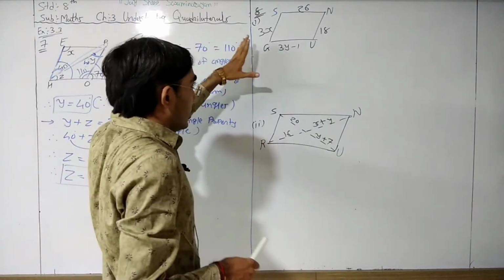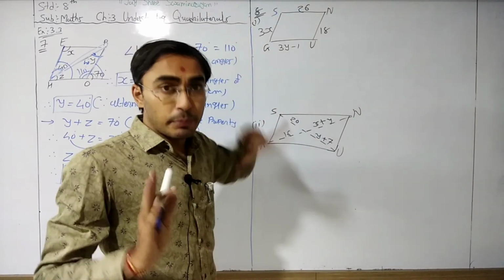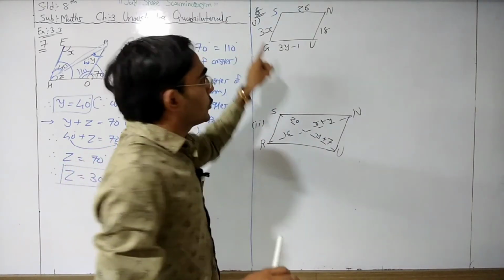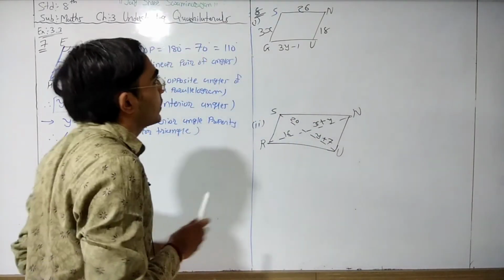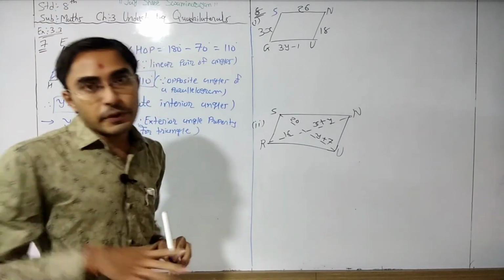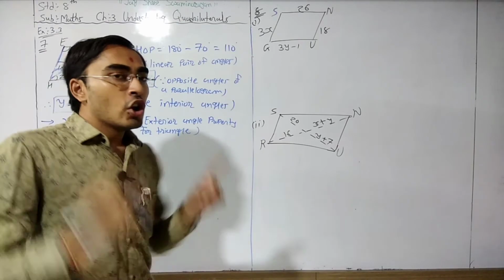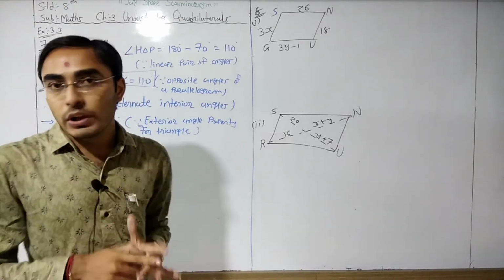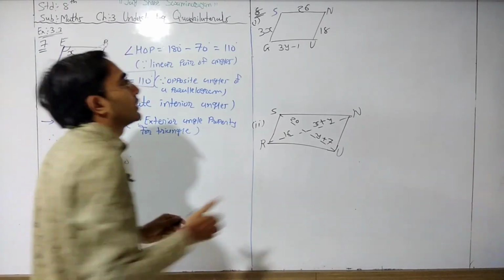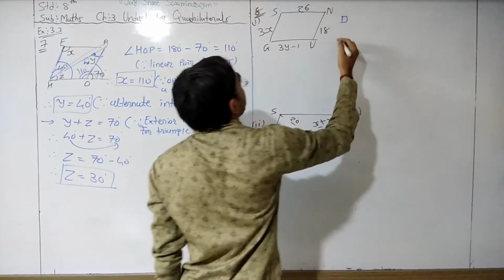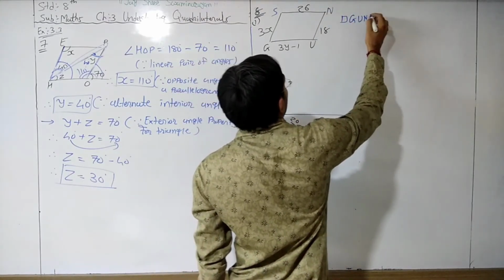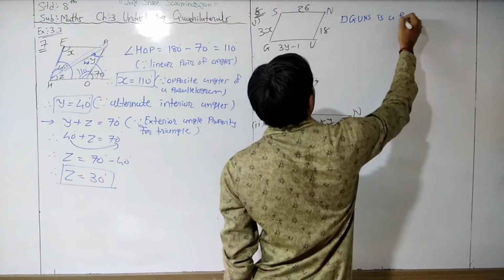Here GUNS is one parallelogram. We need to find the value of x and y. If we use the property of the parallelogram, then opposite sides are equal, right? So just write down here, GUNS is a parallelogram.